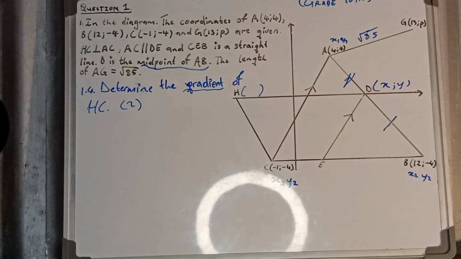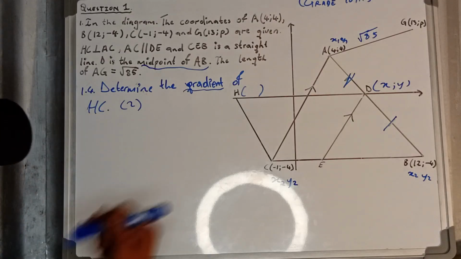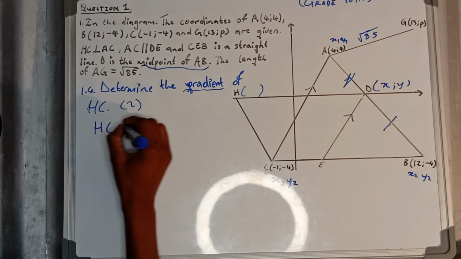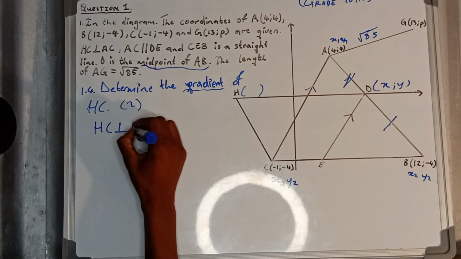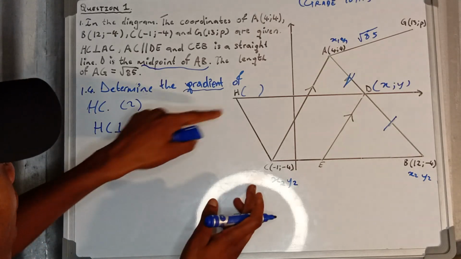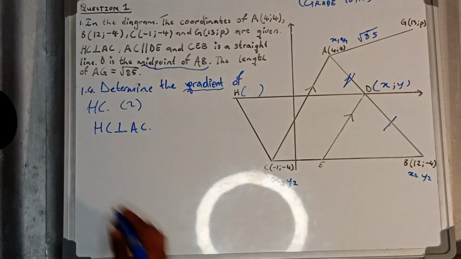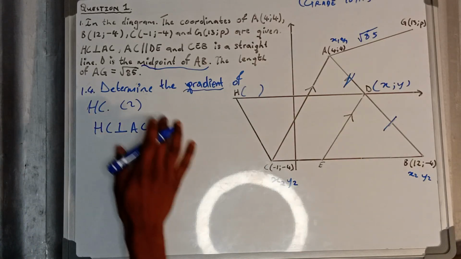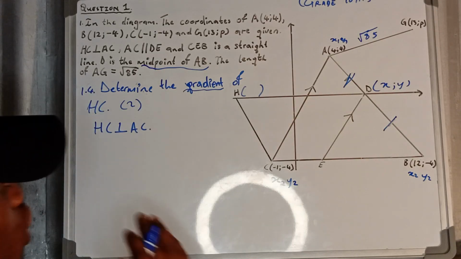Let us go back to the statement. They said HC is perpendicular to AC. That is number 1. Whenever 2 lines are perpendicular, you need to understand that their product must equal -1.